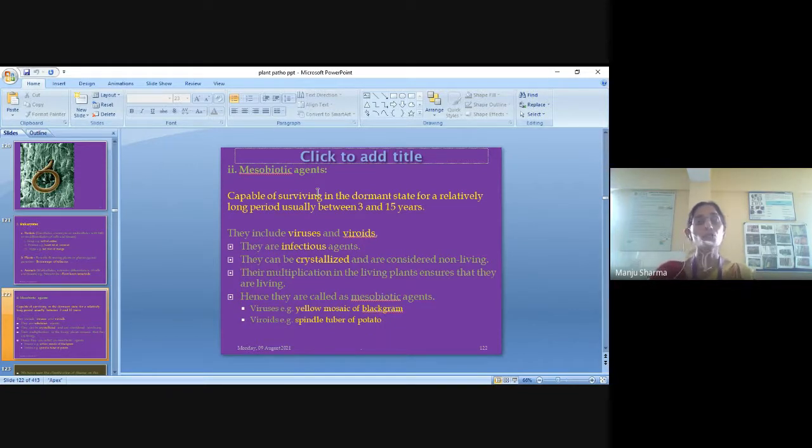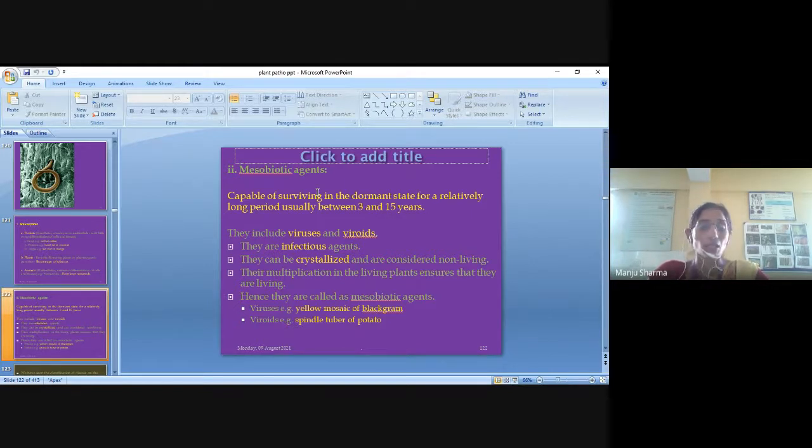After that, mesobiotic agents. Mesobiotic means they are categorized between abiotic and biotic agents, that is, a connection between living and non-living organisms. They are capable of surviving in the dormant state for a relatively long period, usually between 3 and 15 years.